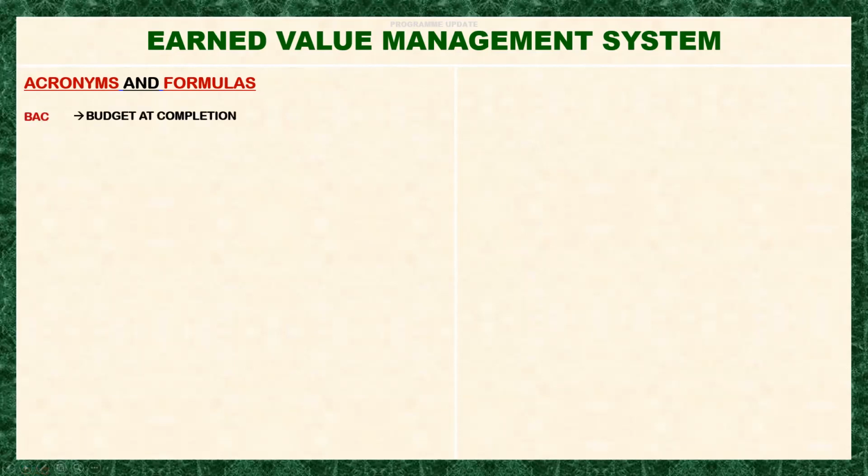Here we have the acronyms, BAC, which is the budget at completion. Even though you don't understand yet, later you will realize this item. So BAC, or budget at completion, is the property of the baseline schedule.